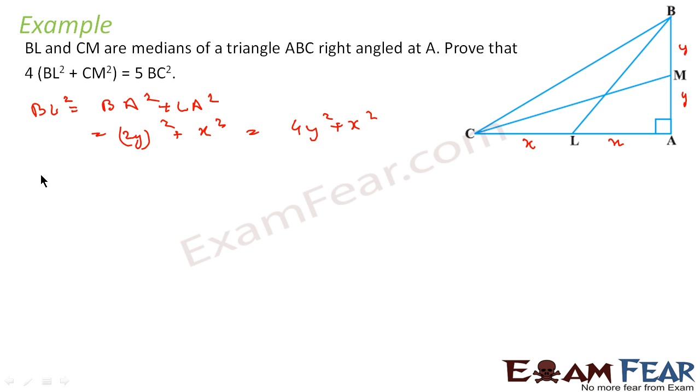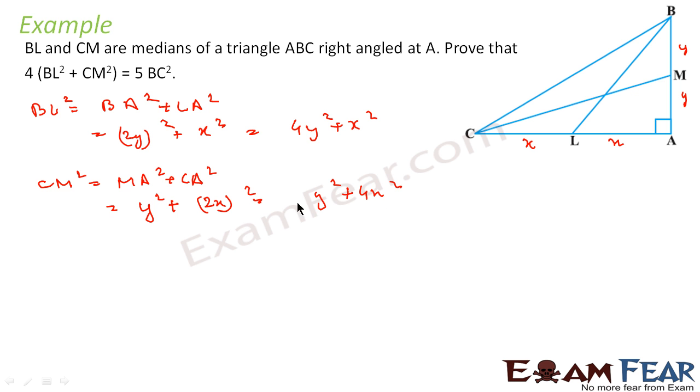Similarly, let's find CM square. CM square is nothing but MA square plus CA square, that is MA is y square plus CA is 2x whole square, that is y square plus 4x square.